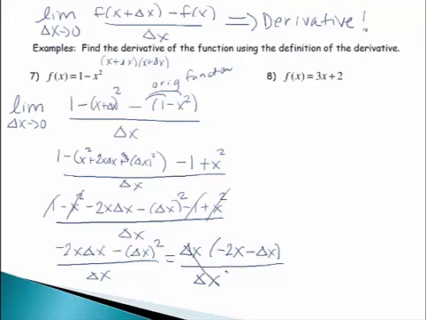And those cancel. Now, last chapter, remember we learned how to plug in. We actually have to do this section of it. Wherever there's a delta x, plug a 0 in. So this right here will become 0. And so the derivative of 1 minus x squared, the original problem, is going to be negative 2x.